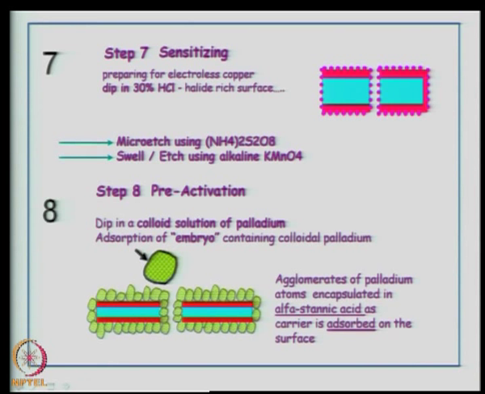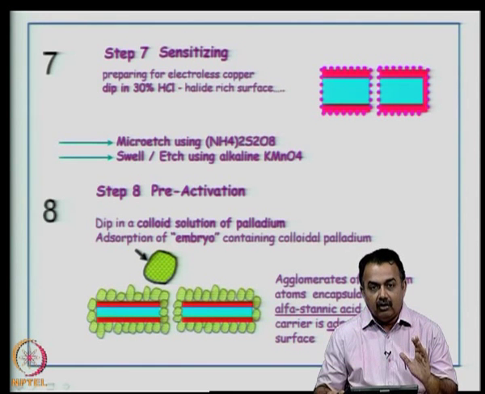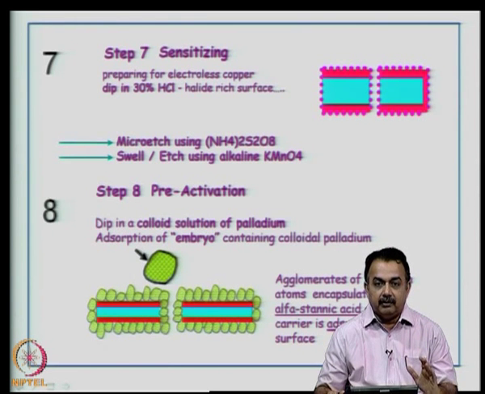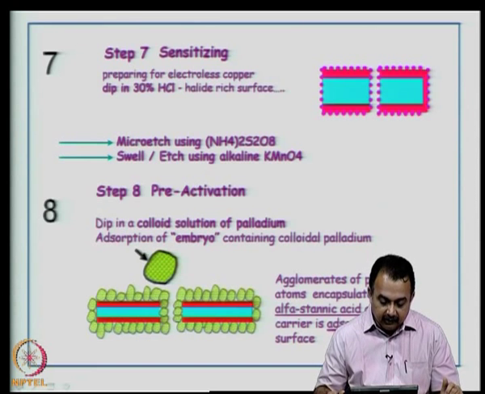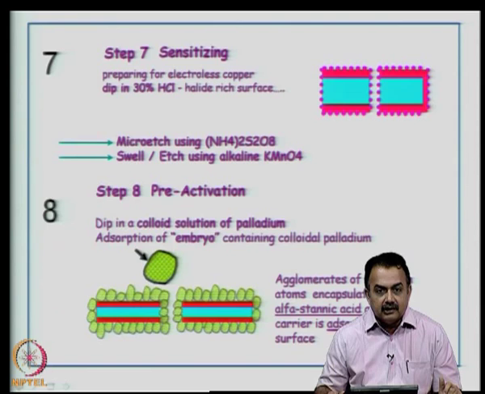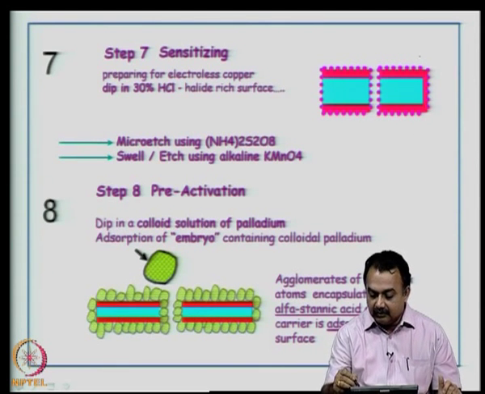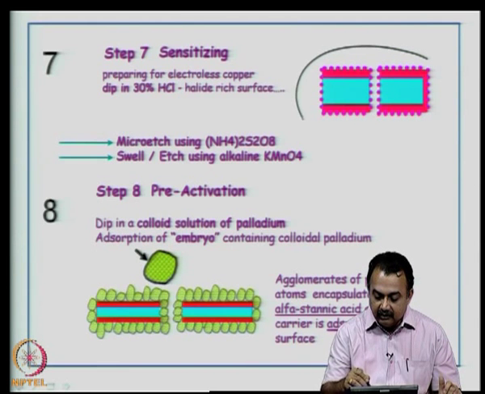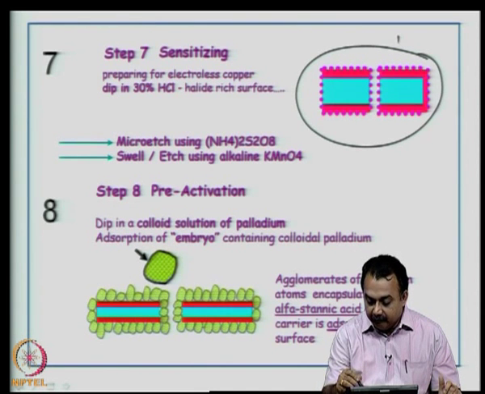The seventh step in the PTH sequence is sensitizing the surface. As I said, we are preparing the hole wall and the copper surface for electroless copper plating, followed by electroplating. So, when you prepare for electroless copper, dip in 30% HCl. Make sure it is a chloride rich surface, so you are trying to make sure that the surface is wet with chloride ions.